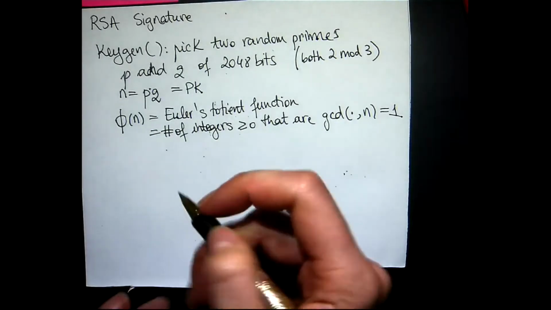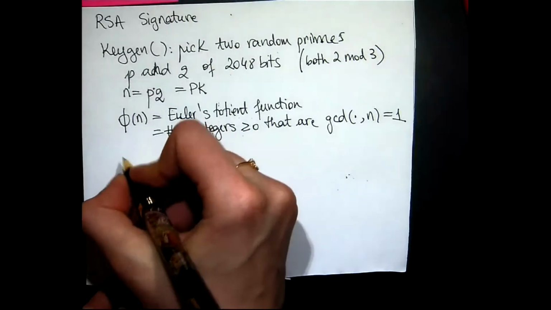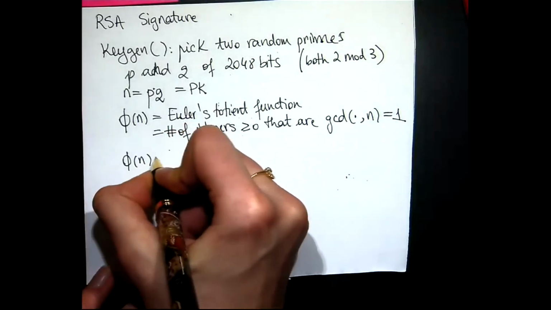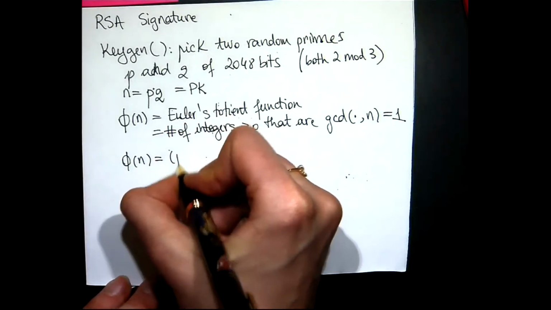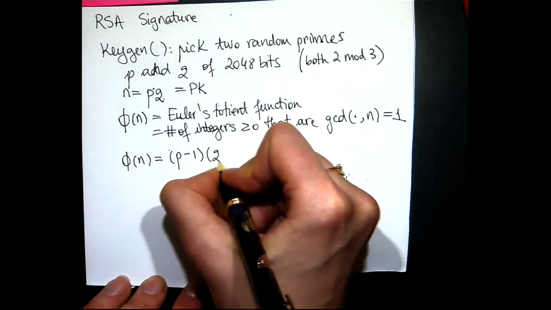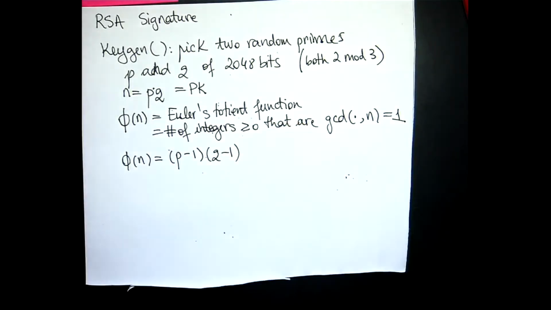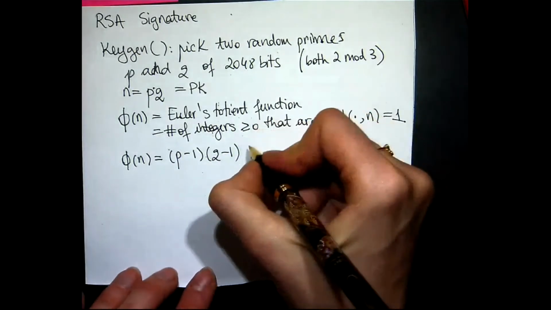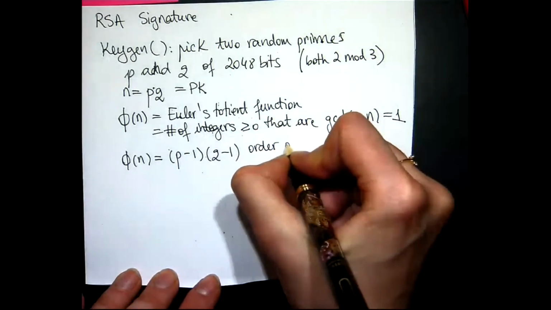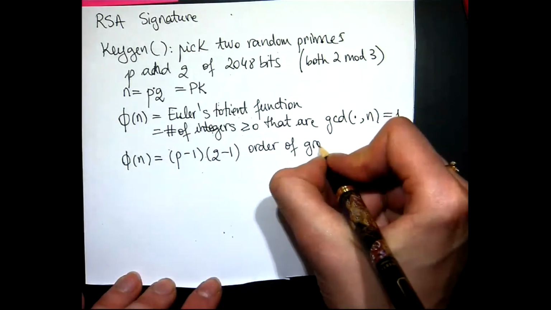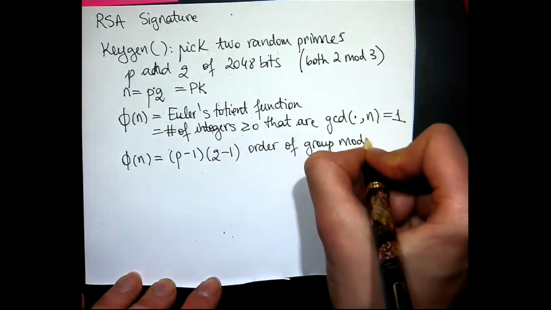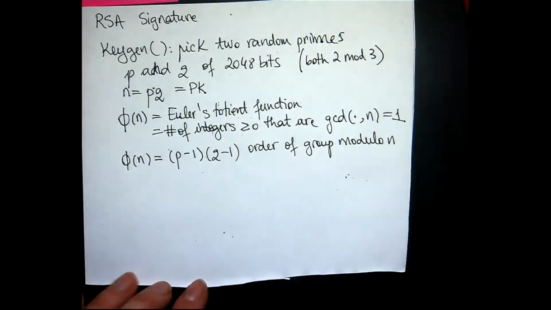And in particular, from CS70, phi of N is equal to (P minus 1) times (Q minus 1). And this is going to be the order of the group modulo N. So what do I mean by this?